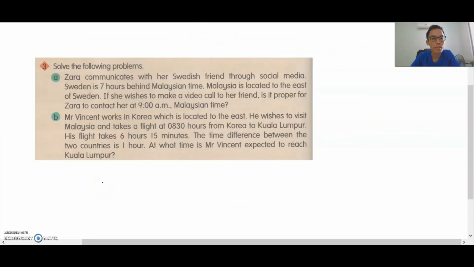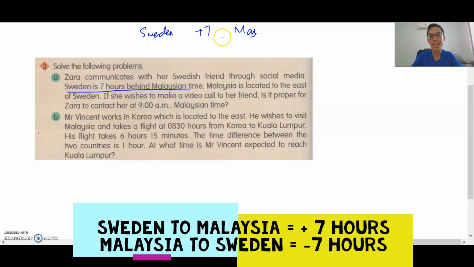Okay, let's continue for question 3. Zara communicates with her Swedish friend through social media. Sweden is 7 hours behind Malaysian time. That means if you change the time from Sweden to Malaysia, you have to plus 7 because our time is ahead of Sweden.